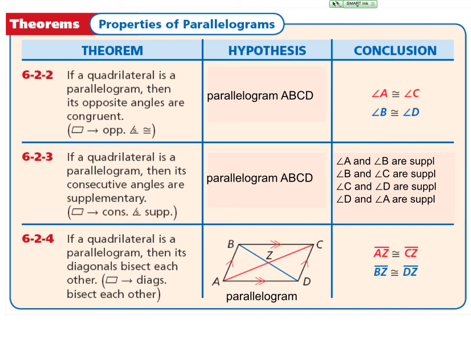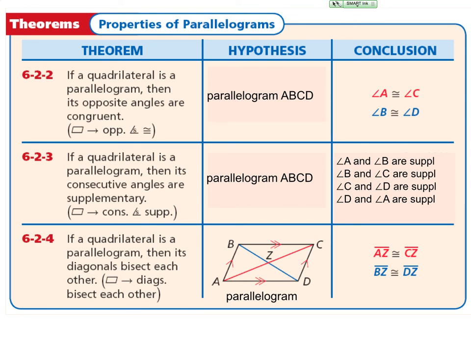Whether you want that in picture form or word form is up to you. Conclusion is that angle A and C are congruent, angle B and D congruent. How can I tell if those are the opposite angles if I don't have a picture? Remember when you name a shape, you're going around it consecutively? So going around A, B, C, D, A and C would be the opposite corners, B and D would be opposite corners.